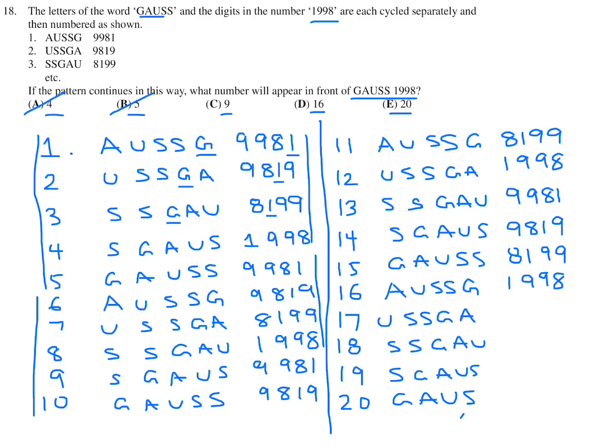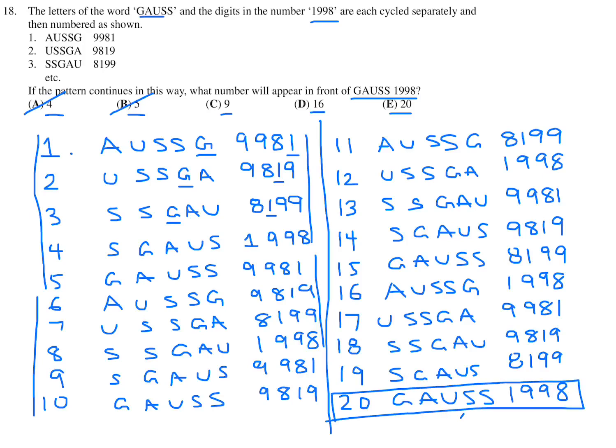They're really making us work hard in this one. And finally, 1998. And I forgot the S. So finally on the 20th try we get Gauss 1998. So the answer is E.